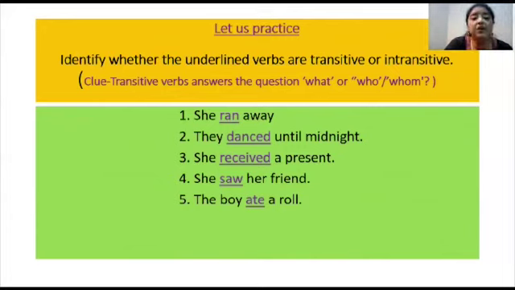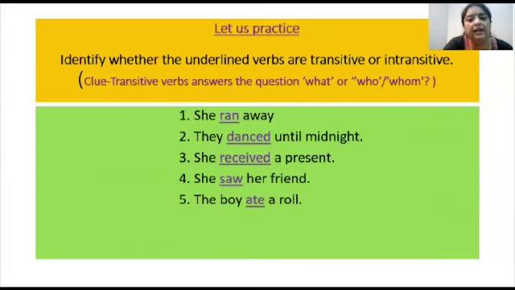They have given a clue, transitive verbs answer the question what, who, or whom. We already studied that. Let's see whether we are able to identify the different verbs, transitive and intransitive.